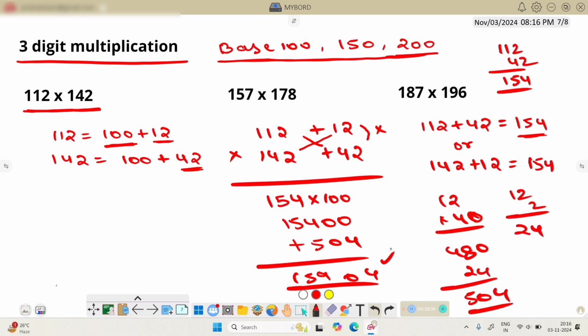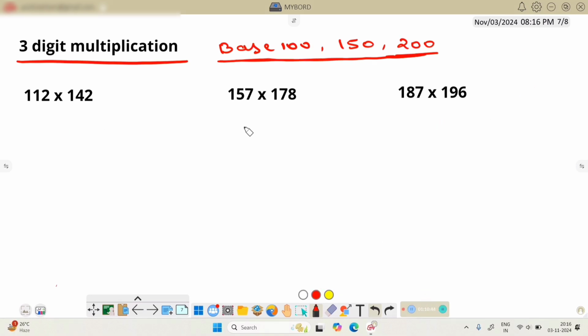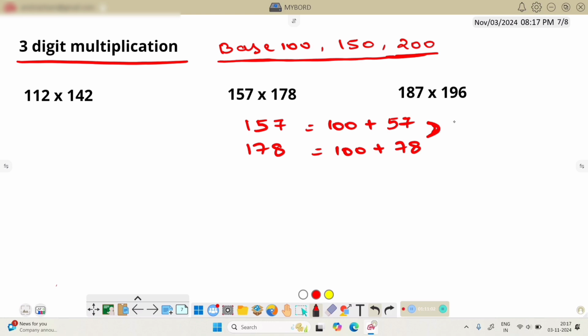Now, this trick is, see here, the numbers they have given are 157, 178. If you take base 100, it will be plus 57, and here if you take base 100, it will be 78. 57 into 78, the multiplication will be very difficult. So for that case, you just take base 150 instead of 100.